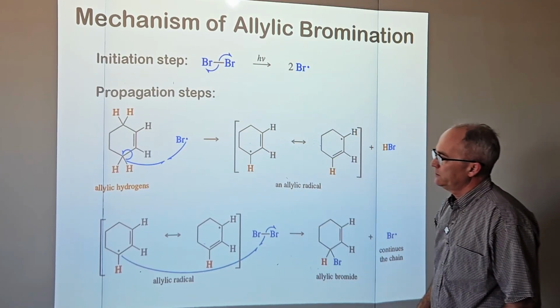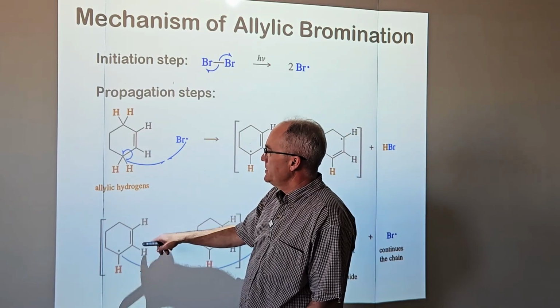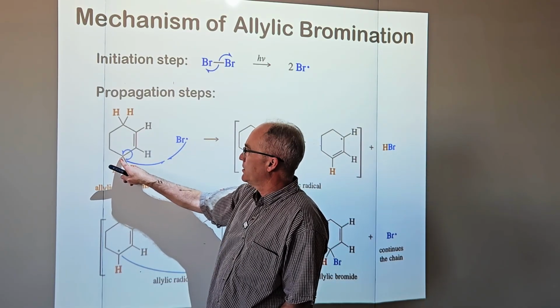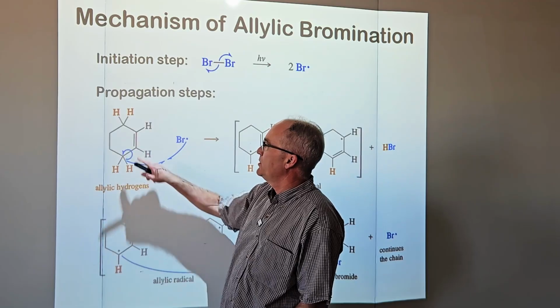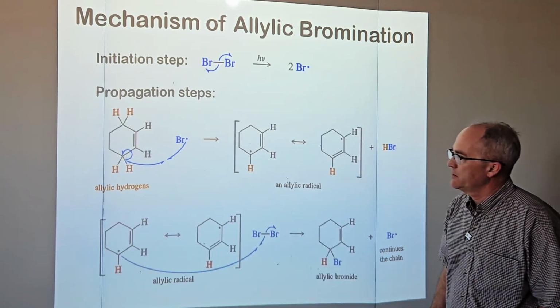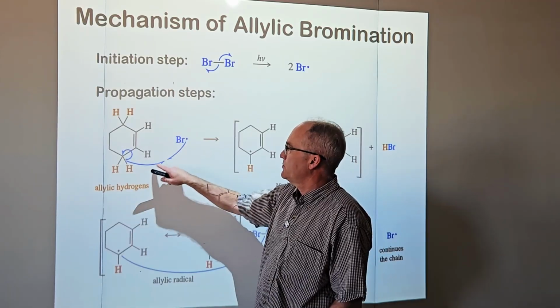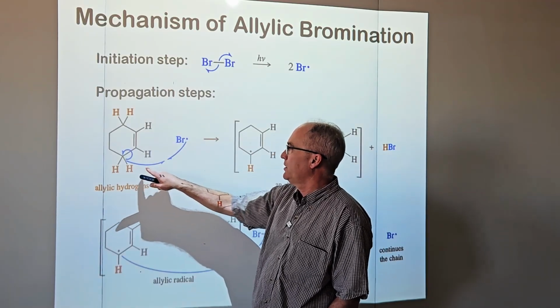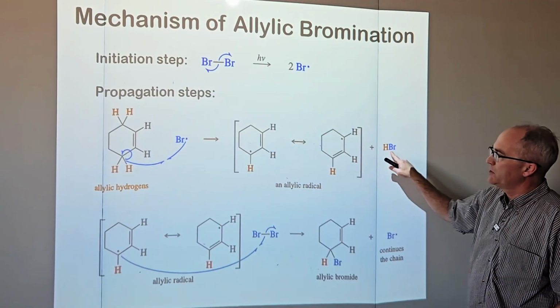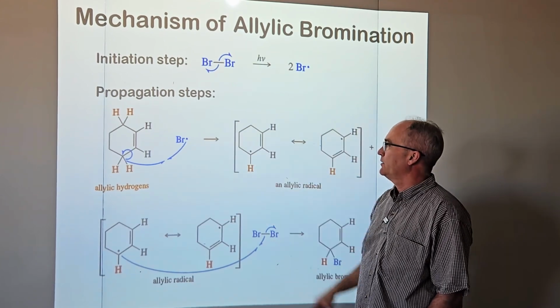Here's two radicals. Here's a double bond, and an allylic position is a carbon that's bonded to an sp2 carbon. So there are allylic hydrogens, and there's actually two. This abstracts a hydrogen with one electron, giving us HBr, leaving that free radical.